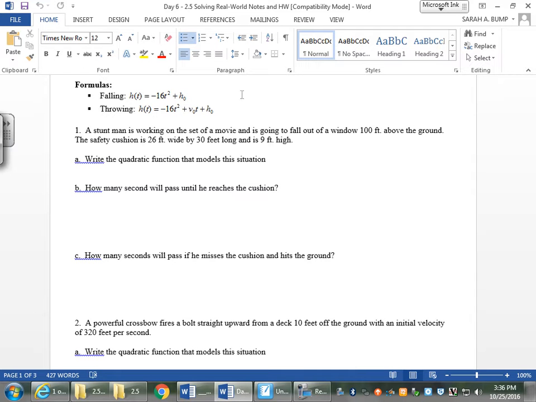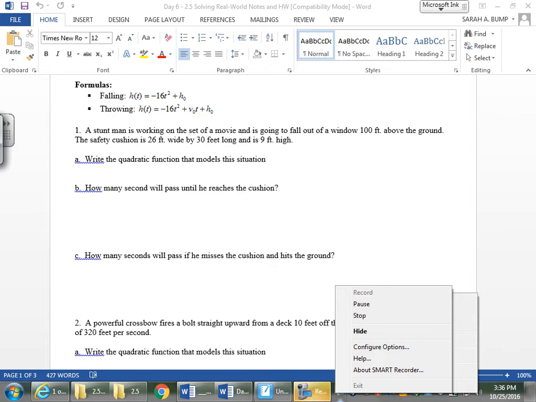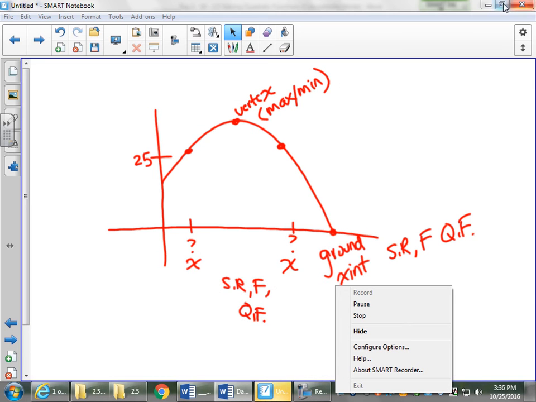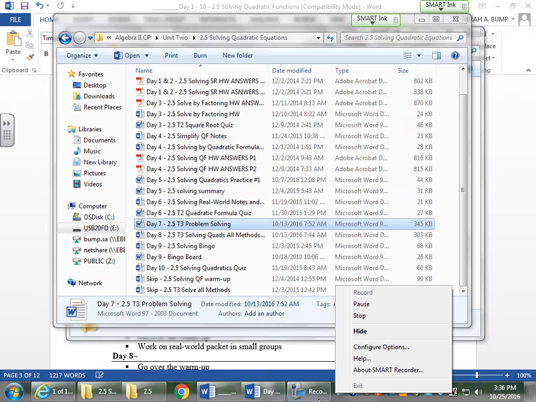So in the formulas, h of t, okay, apparently, I'm going to hit pause on the video real quick because when my computer does that, that means I need to close my documents and reopen them because they've been open for too long. So I apologize. Hit pause. I'm going to fix this and come right back. It's still not letting me open this up. Don't know why.